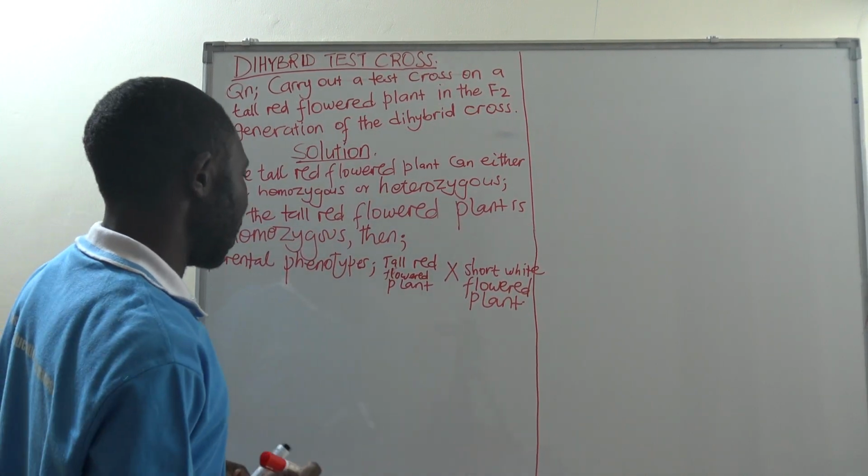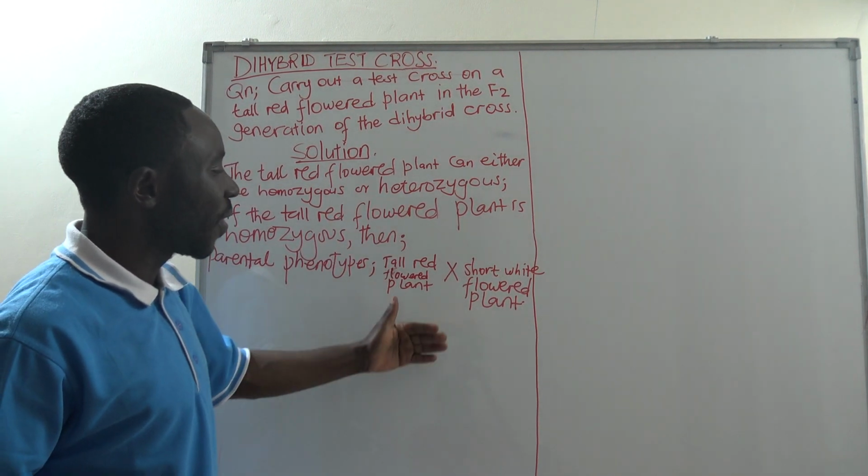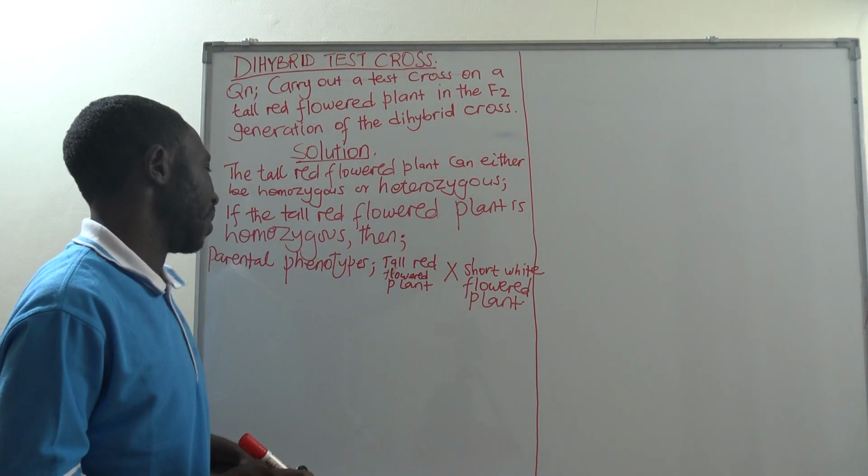That is the first case: crossing a tall red flowered plant with a short white flowered plant.